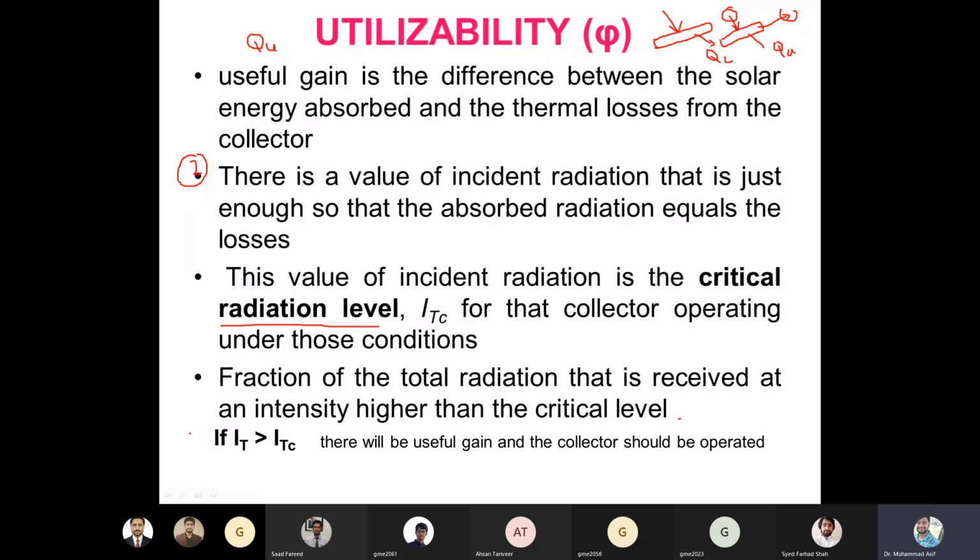This is the condition where the collector should be operated: when the absorbed intensity of the radiation is larger than the critical radiation, at that time the collector will be operated, right? And if the incident radiation or the absorbed radiation is less than the critical radiation, that means you cannot get any useful gain, right? So therefore the collector should not be operated under these conditions, right?